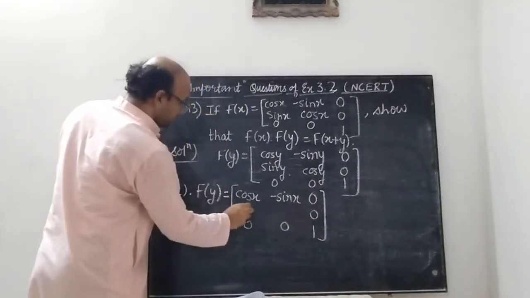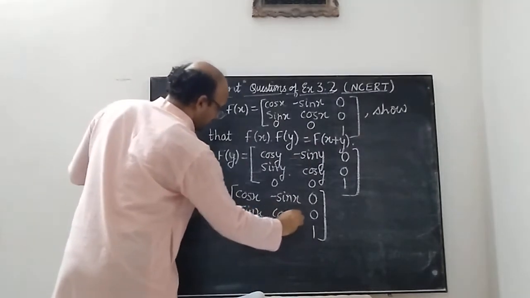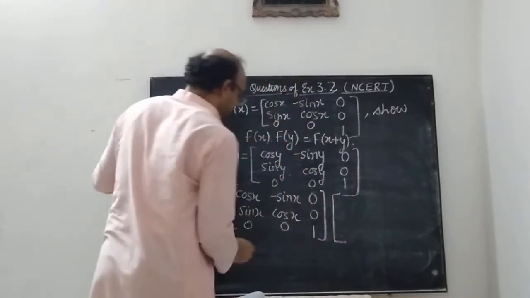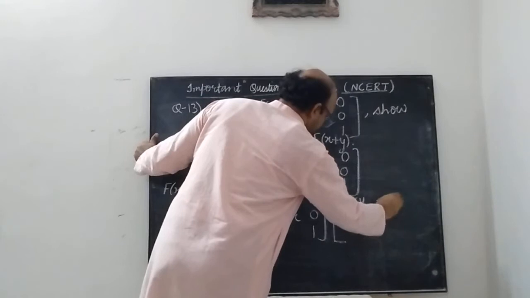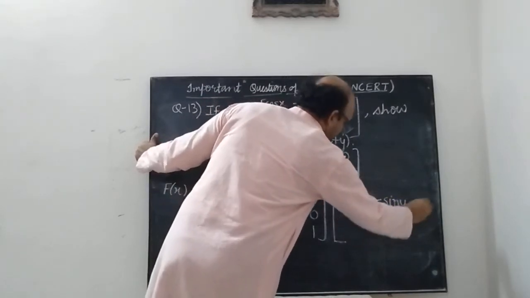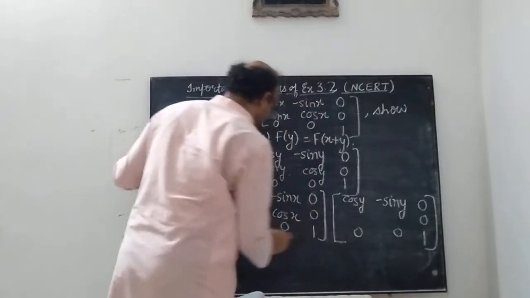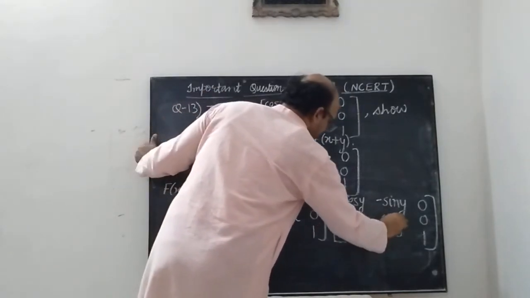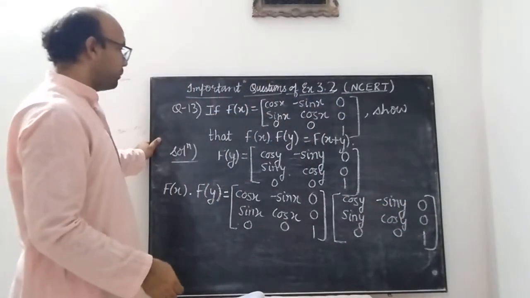Now we write f of y, that is cos y, minus sin y, 0, sin y, cos y, 0, 0, 0, 1. Now we multiply both of them.